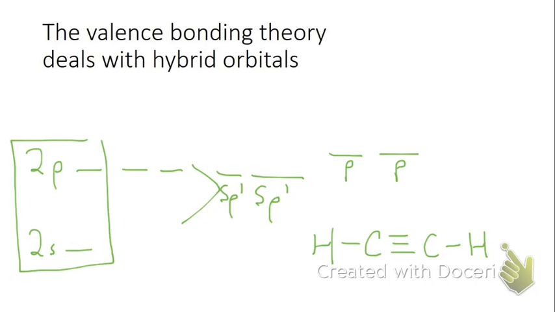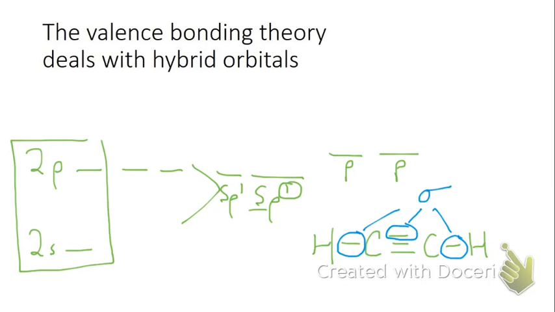Again, the number of hybridized orbitals equals the number on top of sp, so this is sp or sp1: the number on top plus the s, because we can't get rid of any orbitals. If a bond comes from an sp orbital, it is known as a sigma bond.